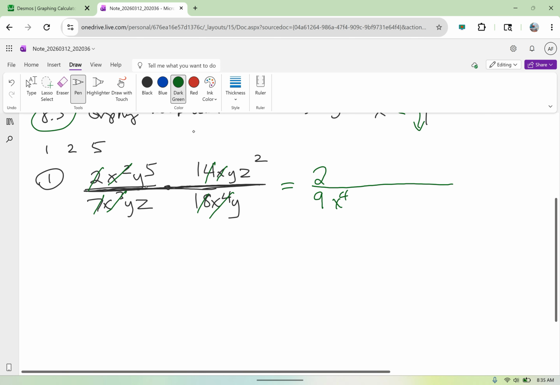All right, y's. I have 6 y's at the top and 2 y's at the bottom. That's going to leave 4 y's at the top. And lastly, I have 2 z's at the top, 1 z at the bottom. That's going to leave 1 z at the top. And check my answer. That is correct.